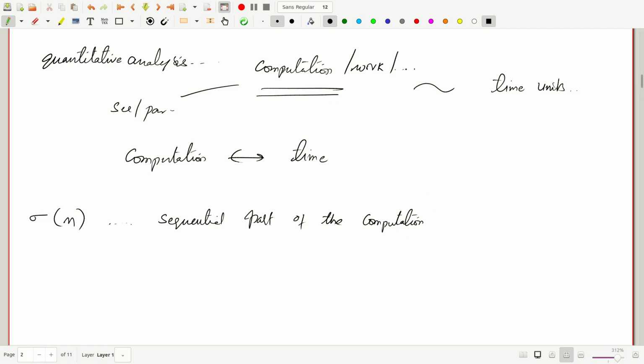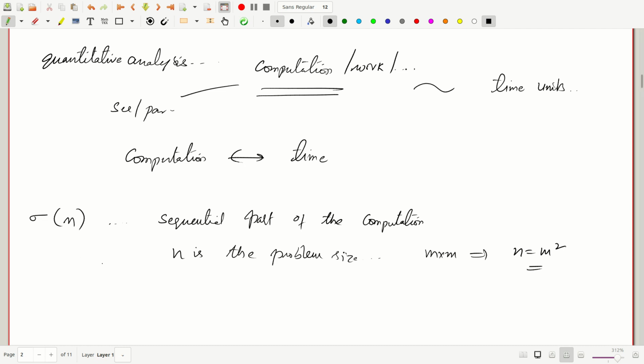Sigma is some time unit, some seconds or hours or whatever, but it is a function of n, where n is the problem size. For example, in the context of a matrix, if you have an m by m matrix, your n could be m squared.